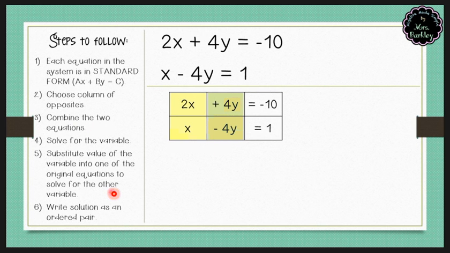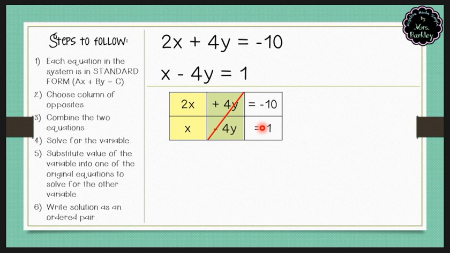So when we are combining these two equations, we can notice that a positive 4y and a negative 4y are going to eliminate one another. So that's that whole piece of the elimination method. So when we combine our two equations, we have 2x and x, which would give us 3x, and we have a negative 10 and a positive 1, which would give us negative 9.